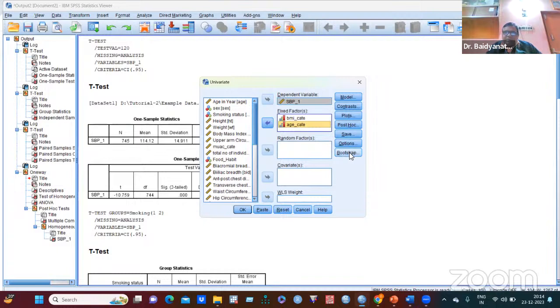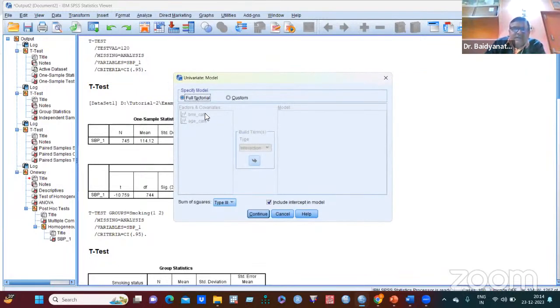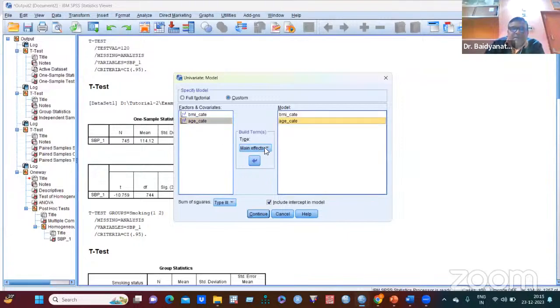So now go to Model and Custom. Put the main effect for BMI, the main effect for age, and the interaction of both age and BMI. Okay. Then continue.